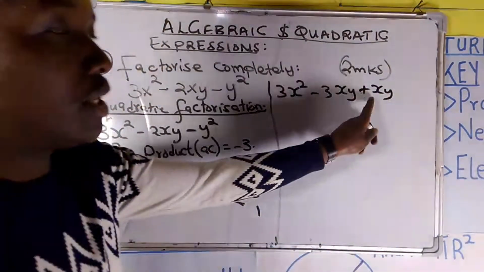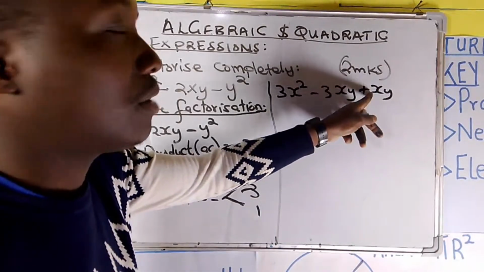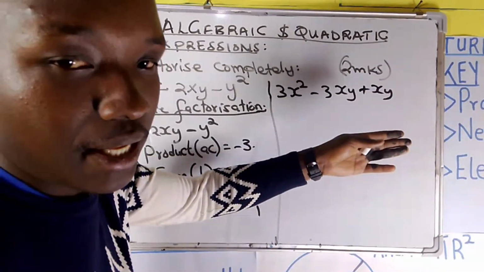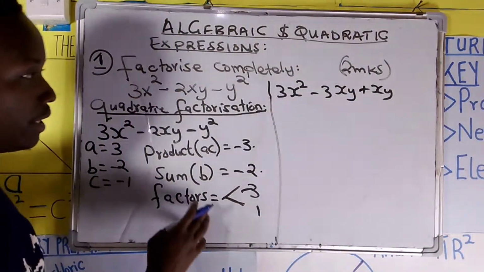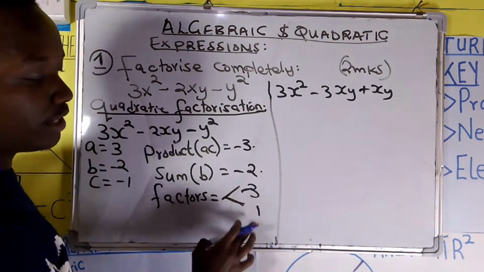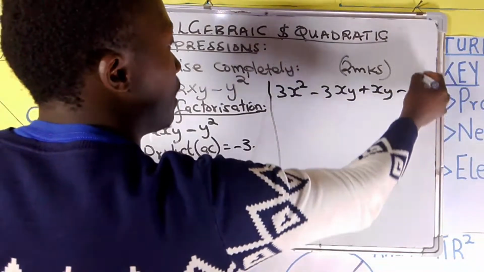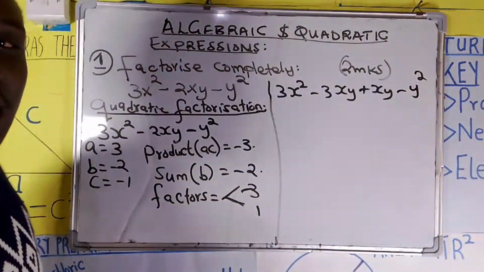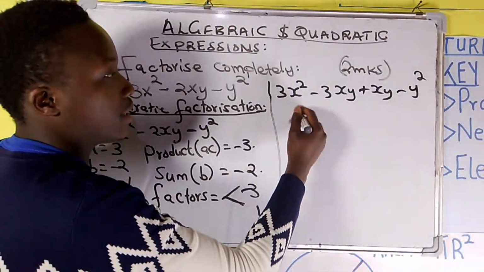There is no need of putting 1, because it will not change the meaning. So we replace our -2 with -3 and 1, but xy remains in both cases, then minus y squared. From this level, we now factorize by grouping.